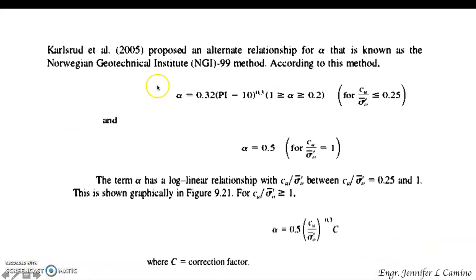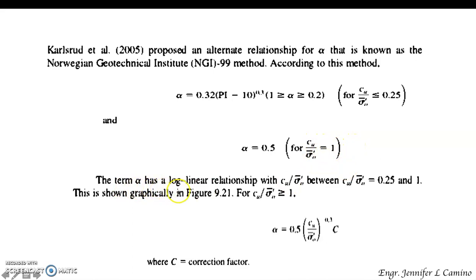Karlsruhe proposed an alternative relation for alpha that is shown as the NGI method. According to this method, alpha is equal to this expression, for alpha less than or equal to 1 but greater than or equal to 0.2. This is for C sub u over sigma sub O prime less than or equal to 0.25, and alpha is equal to 0.5 for C sub u over sigma sub O prime equal to 1.